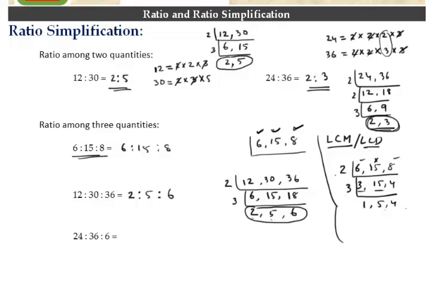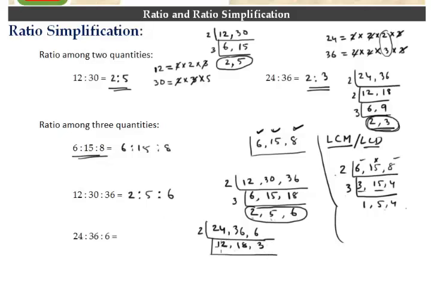Let us do this last example. 24, 36 and 6. All of them are even, we can take 2 common. So it will be 12, 18 and 3. Now we can take 3 common. Although the first two have 2, this one does not have any factor 2.